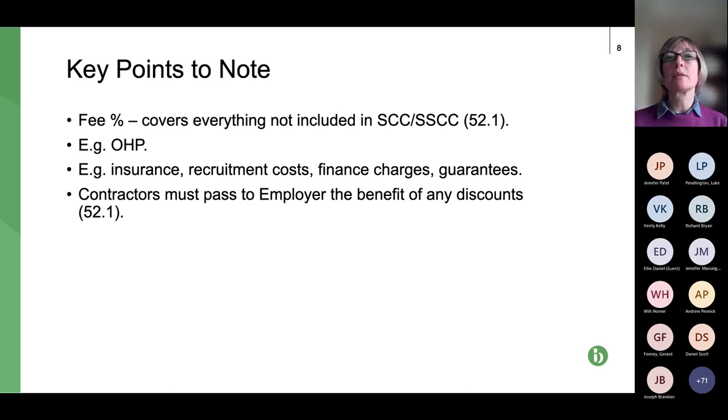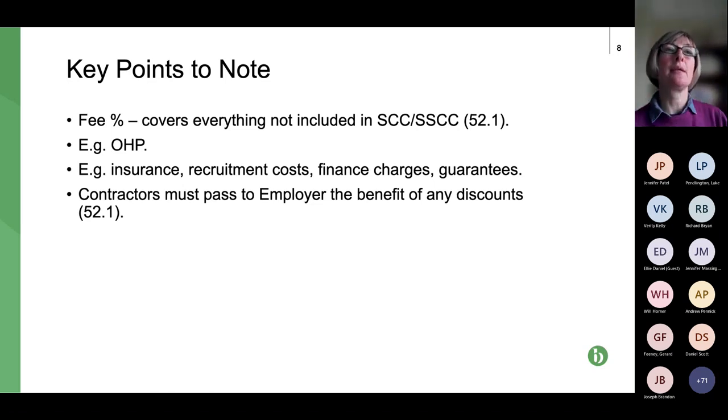This highlights the fact that the schedule and shorter schedule are looking at what something costs the contractor. So the contractor is entitled to recover the cost of various items, various people, etc. And then the profit element that businesses all need to make is covered in the fee percentage.